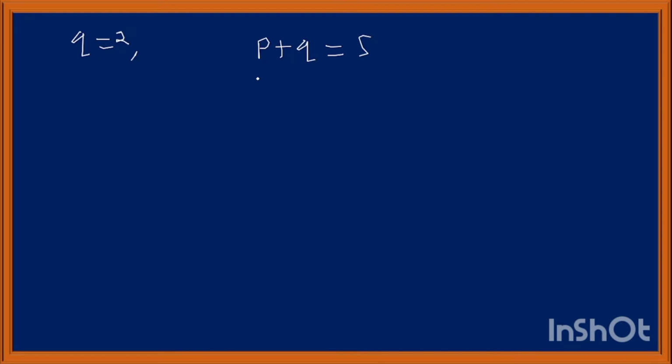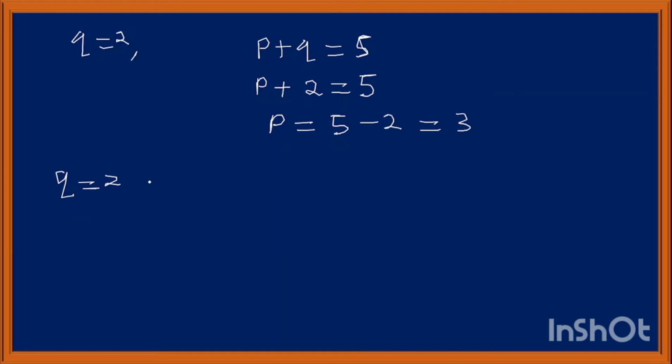If we do that, we have p plus 2 is equal to 5. So p is equal to 5 minus 2, which is equal to 3. So we have that q is equal to 2, and p is equal to 3.